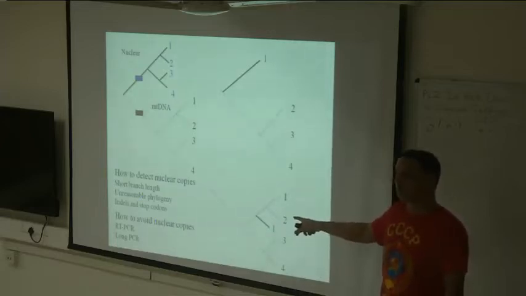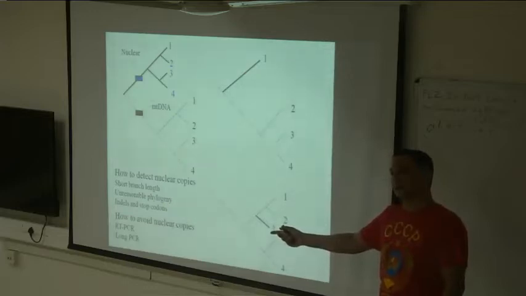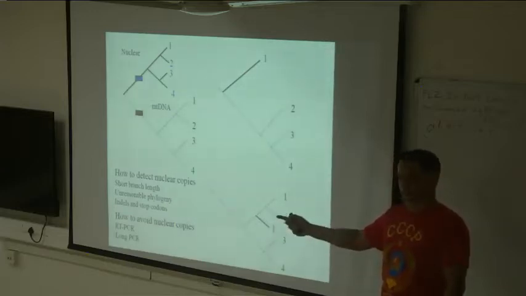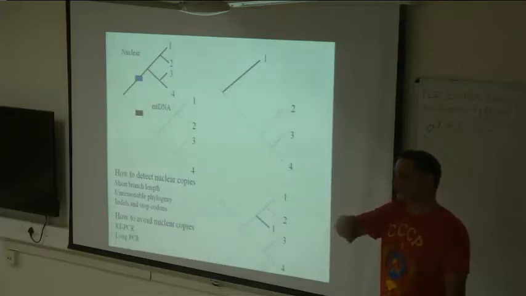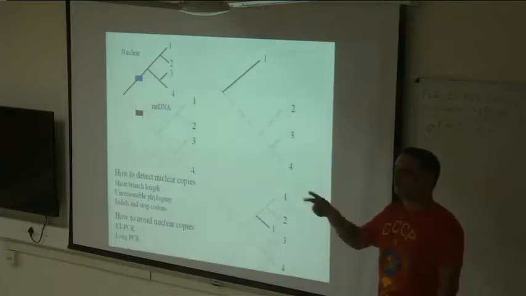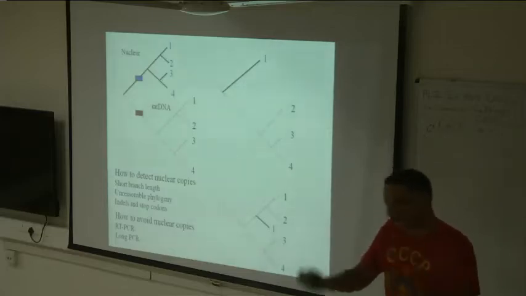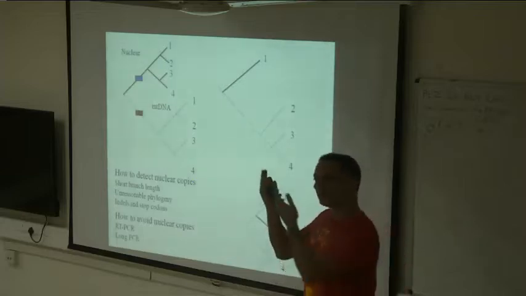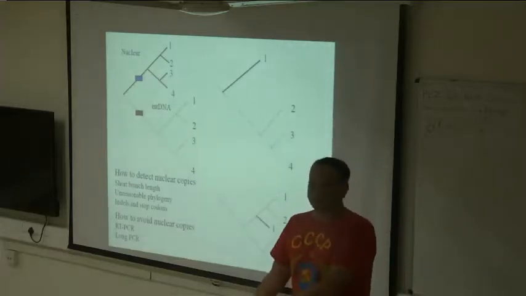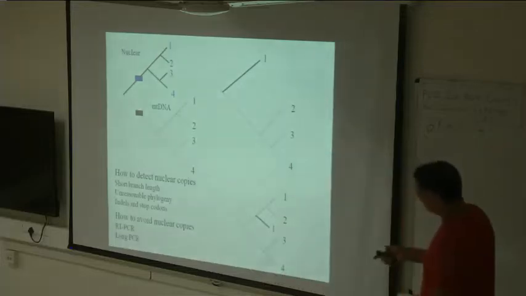Many of the mitochondrial genes have actually moved into the nucleus and they are functional, and they have been deleted from the mitochondrial genome. I'm not talking about that. I'm talking about a situation where the genes still exist and are functional in the mitochondria, and they have a pseudogene copy in the nucleus. Okay, so that can really complicate your story.